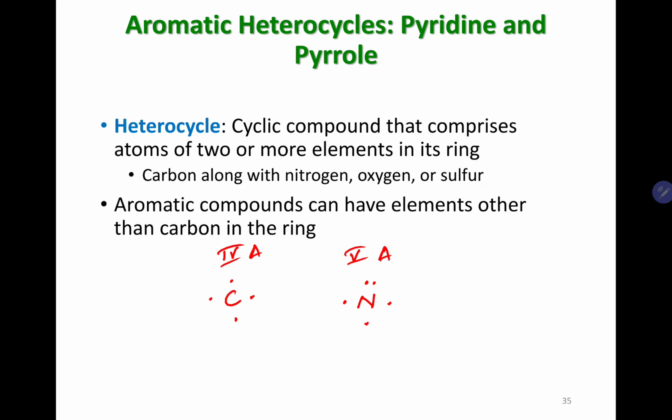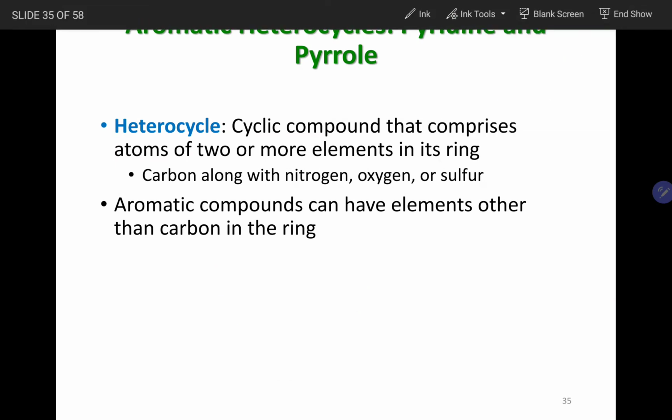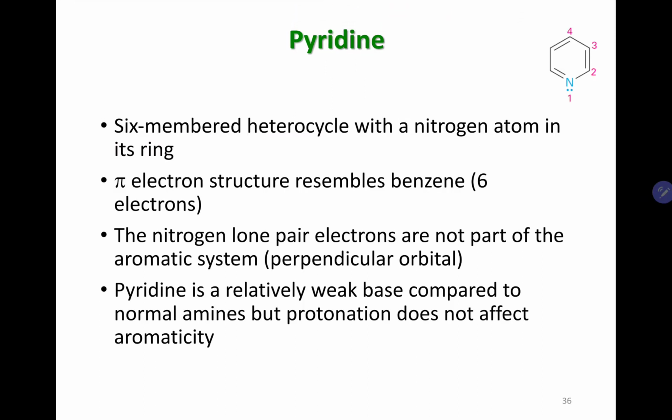All right, let's talk about this in a little bit more detail. Let's take an example. The first example that we are going to talk about is called pyridine. Just to show you the similarities, I'm going to draw the benzene.